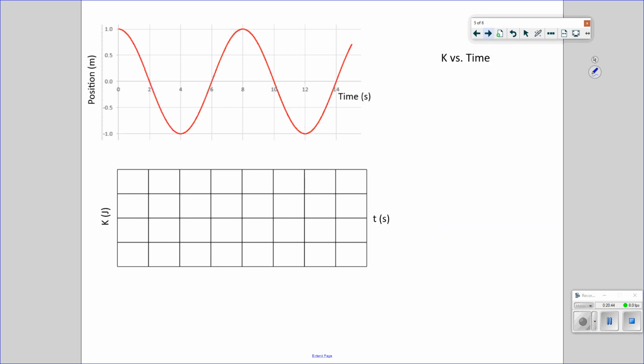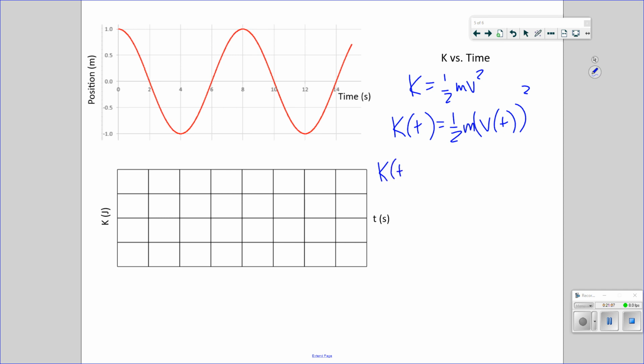If we look at kinetic energy as a function of time, K is 1/2 mv squared. Well, velocity varies as a function of time, and thus so does kinetic energy, v as a function of time quantity squared. So K as a function of time is 1/2 m. Remember our velocity function from a couple slides ago.